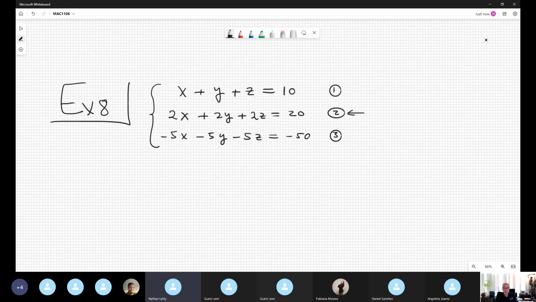If you take equation 2 and divide it by 2, it's obvious that you get equation 1, no? And you take equation 3 and divide by minus 5, you get equation 1. Therefore, you discover by intuition that equation 1, equation 2, and equation 3 are the same equation.